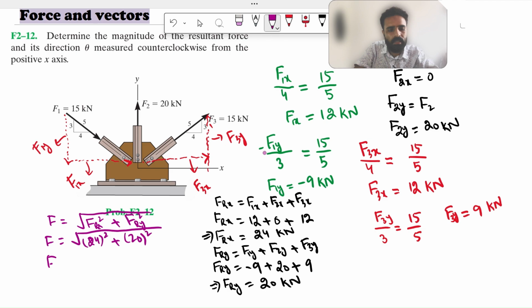So the resultant force value will be equal to 31.2 kilonewton. So this is the value of the resultant force.